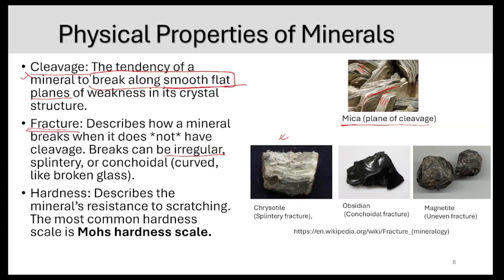The atomic bonds are equally strong in all directions, and this fracture can be irregular, splintery, or conchoidal. Here we can see in the image this splintery kind of breakage, and then we have this conchoidal fracture and uneven fracture for magnetite.